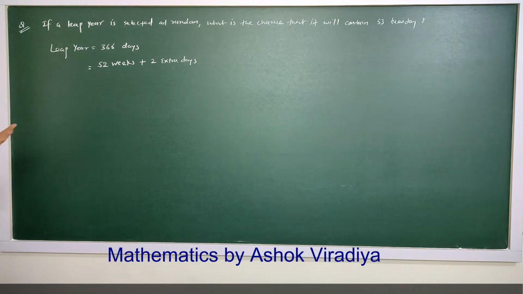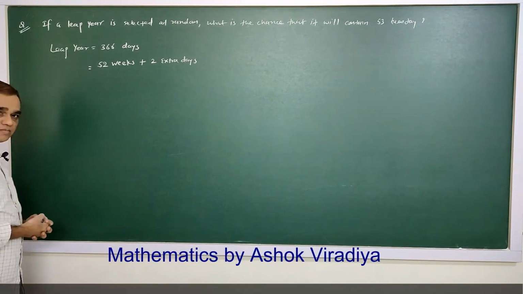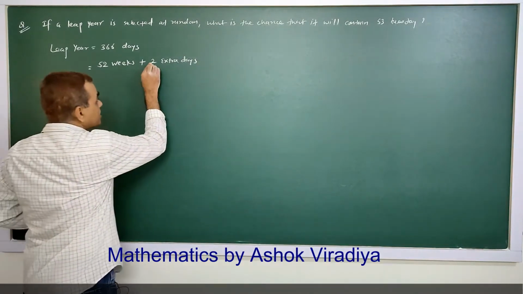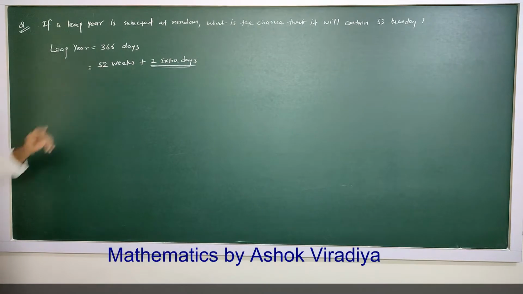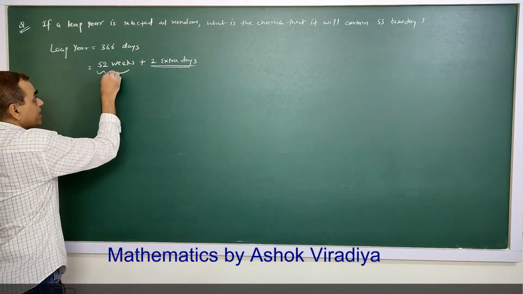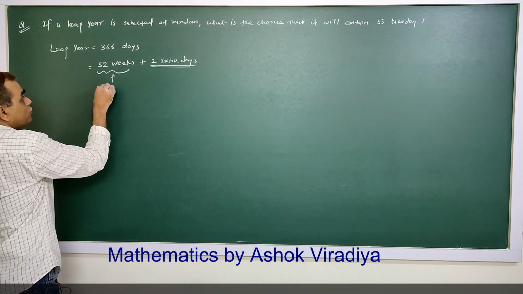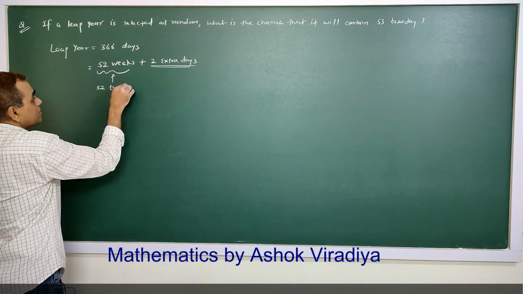A leap year contains this set of elements. Now, the possible 2 extra days. Say these 52 weeks contain 52 Tuesdays.